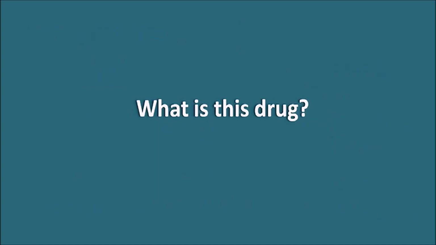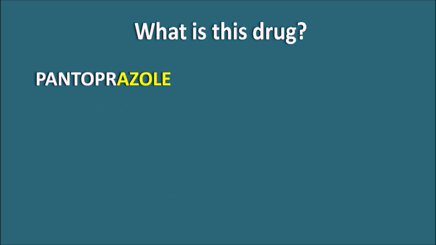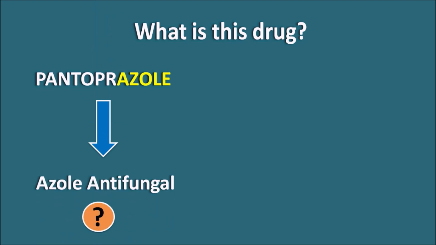But what is this drug? If we see the name pantoprazole, we can observe the suffix azole. So whether this drug belongs to the azole antifungals, or this drug has the same nucleus as the azole antifungals. Azole antifungals have two types of nuclei, imidazole or triazole. Now which type of heterocyclic ring system does pantoprazole have?